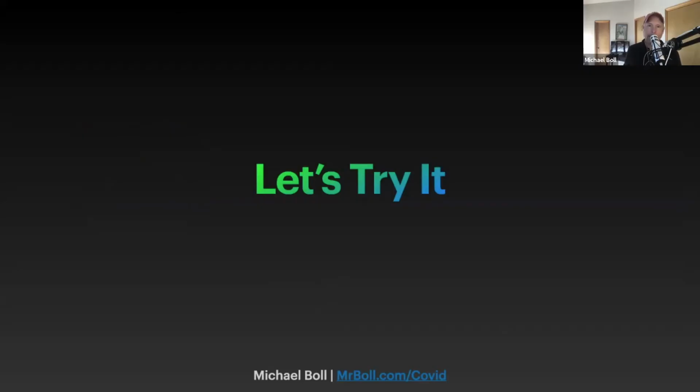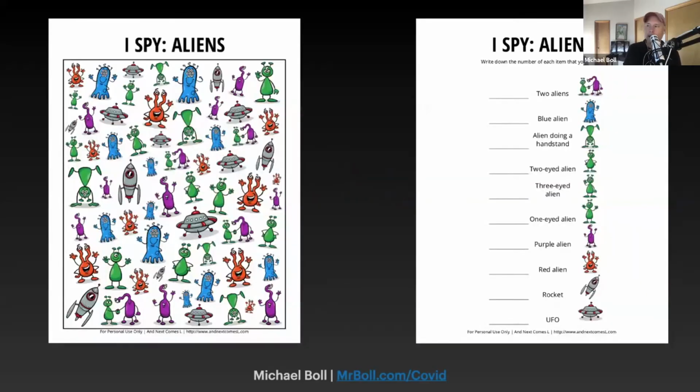So I'd say, how about this one? I spy aliens. Take a few moments here to spy some aliens. How many 2 aliens are there? How many blue aliens? How many aliens doing a handstand, 2-eyed alien, 3-eyed alien, etc.? We'll do this for approximately 1 minute and we'll see if we can get the numbers. Ready? And go.